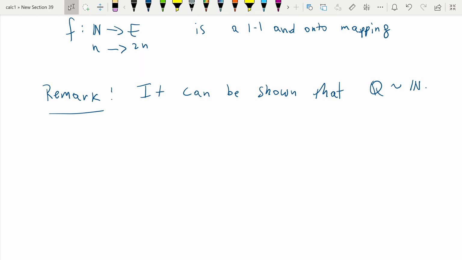Because if you have an infinite set, then it's always possible to extract a subset that has the same cardinality as N. Think of it this way: if you have an infinite set and you take away one element, then there must be infinitely many left. Otherwise, the set would be finite, with only finitely many elements, say n. Then, if you put back the first element, you would have n plus 1.